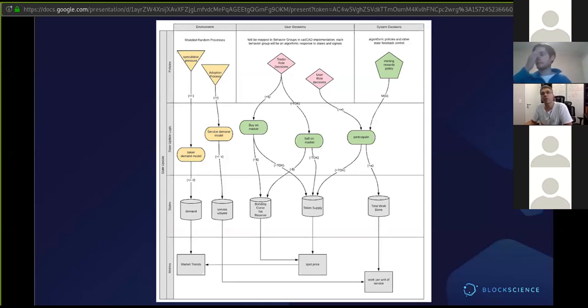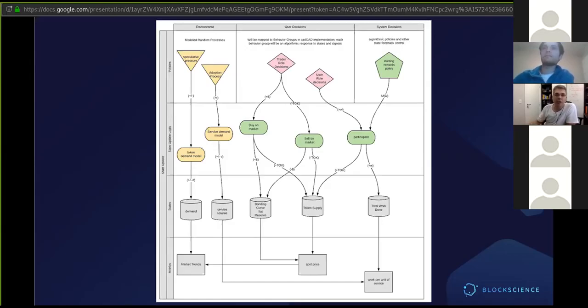And in the green pentagon you have internal system policies that update the system. It's the system itself updating its own state based on some policy defined by the designer.